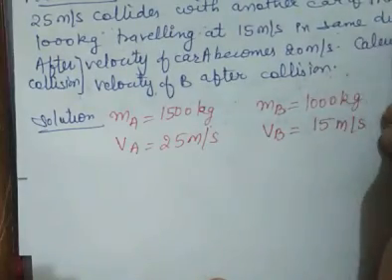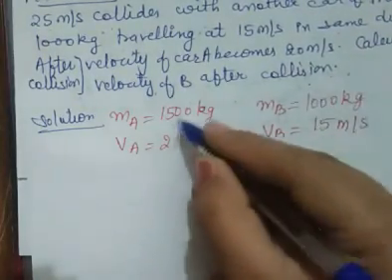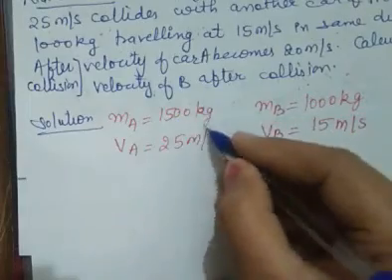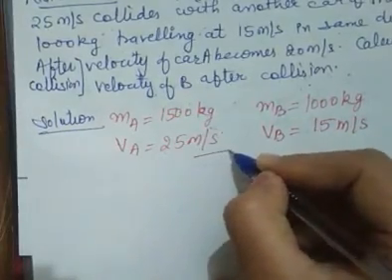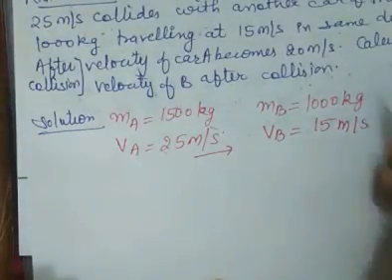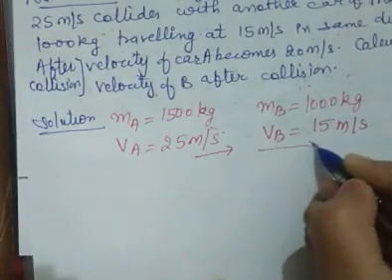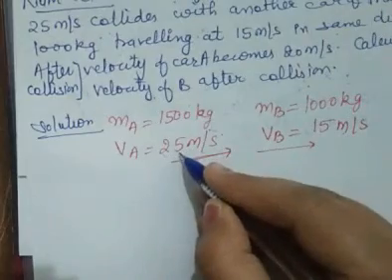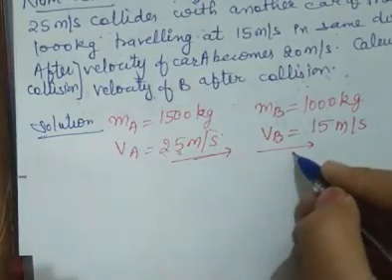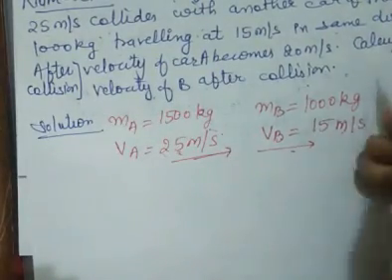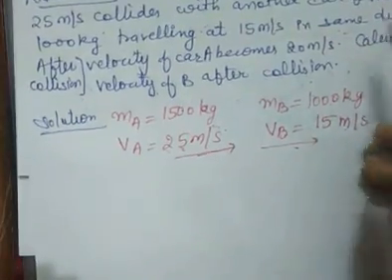They are traveling in same direction. It means first car mass with this velocity 25, let it go along right side, and second car with this velocity let it go along the same direction. As its velocity is more, so it will collide because they are traveling in the same direction.